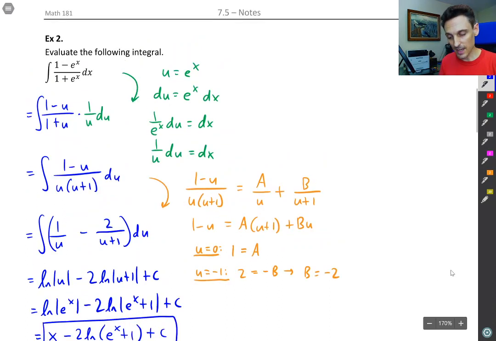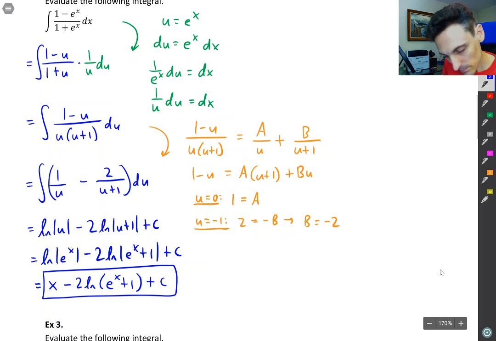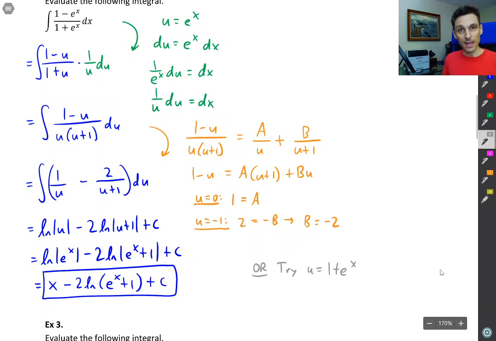One more thing I wanted to say about example 2 is that you can also try letting u equal 1 plus e to the x. You can try this as an exercise to see how you like this one.